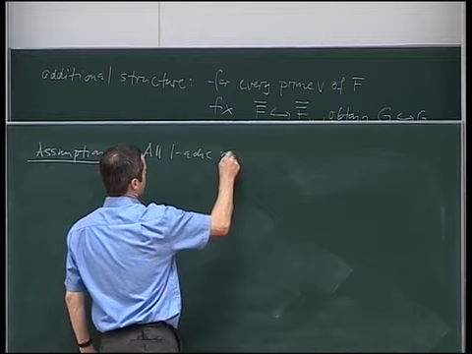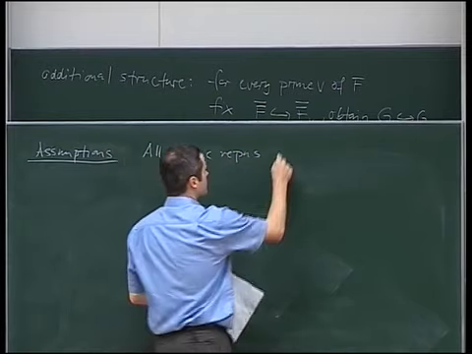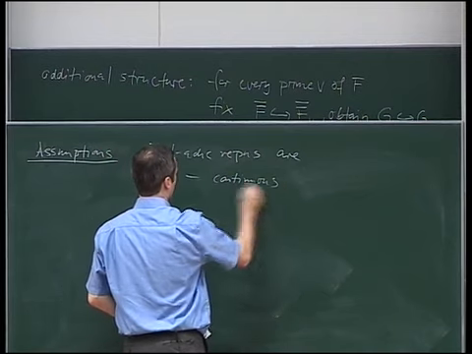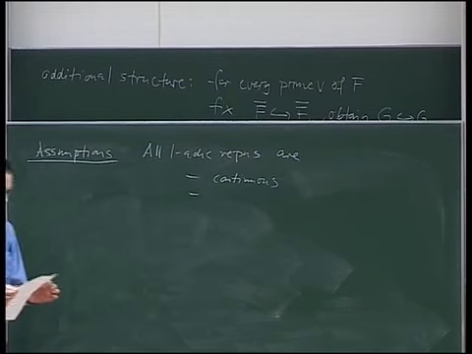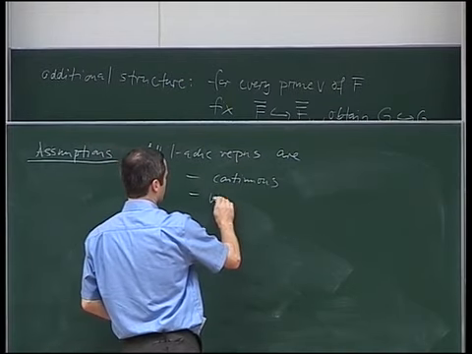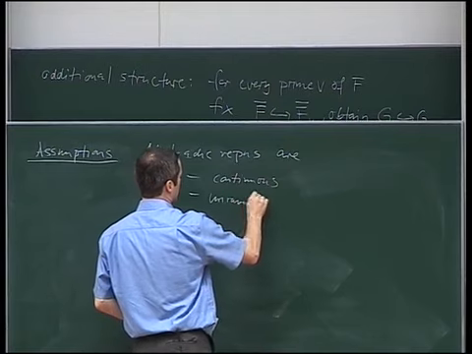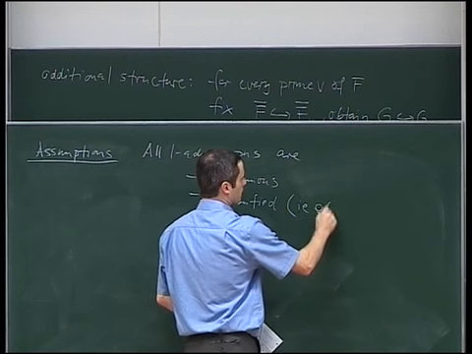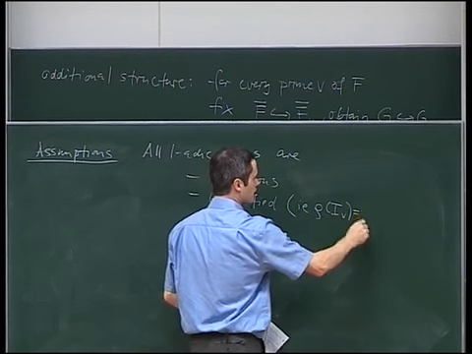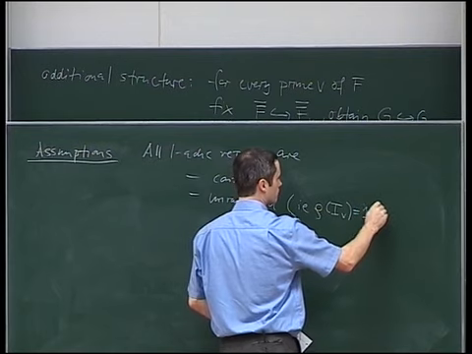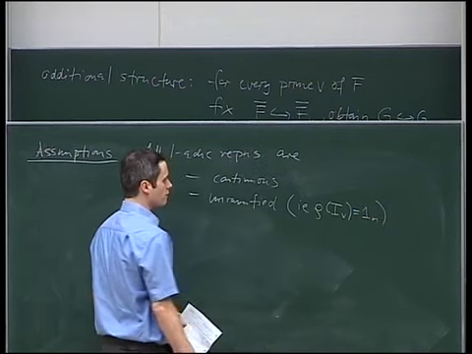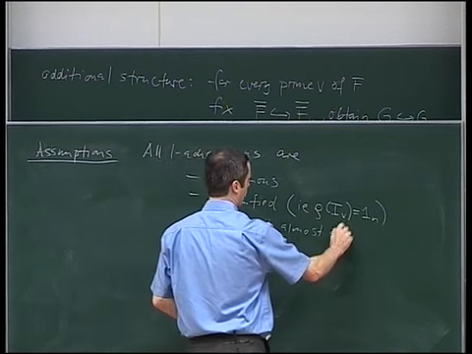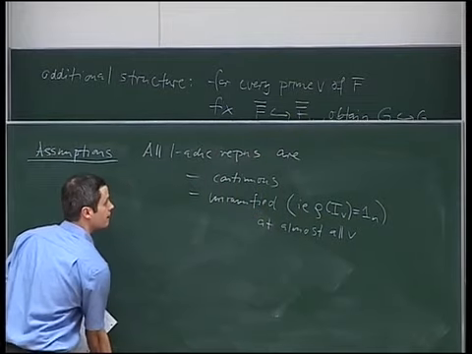The assumption I want to make is that all l-adic representations are continuous, and that they are unramified at almost all places. Unramified means that the inertia at v acts trivially, and we want this to happen for all but finitely many places.